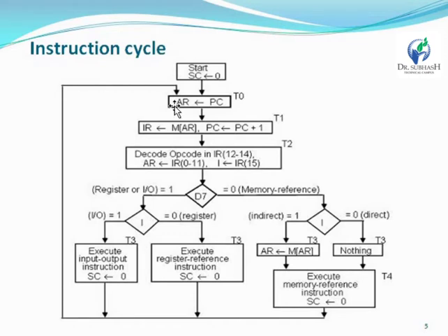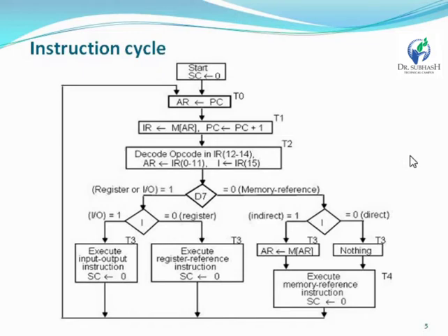For direct address, no operation is performed and it goes directly to the address register, with the sequence counter 0. So this is the explanation of the sequence.